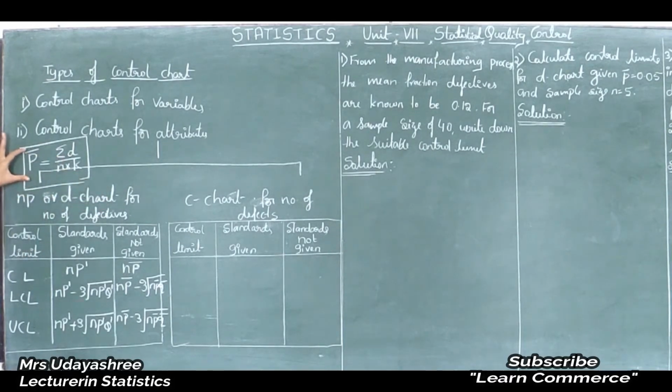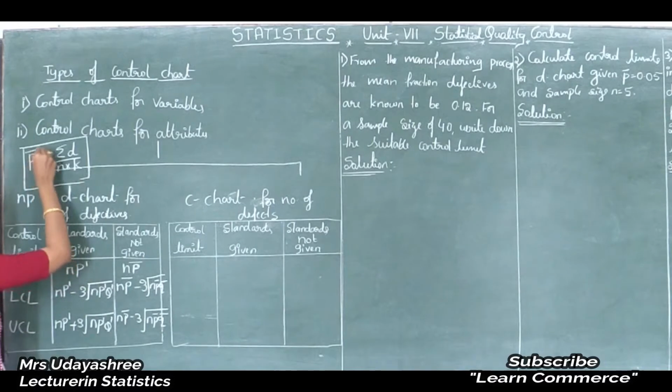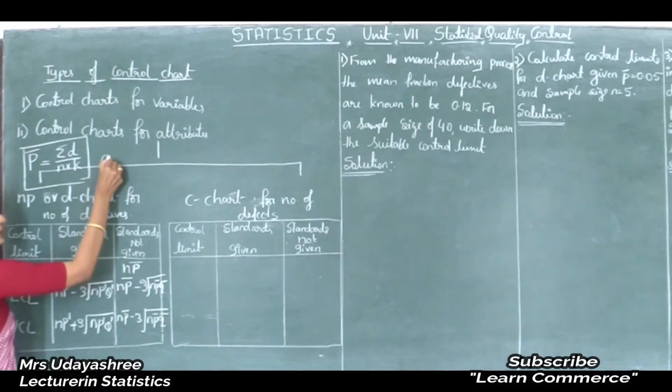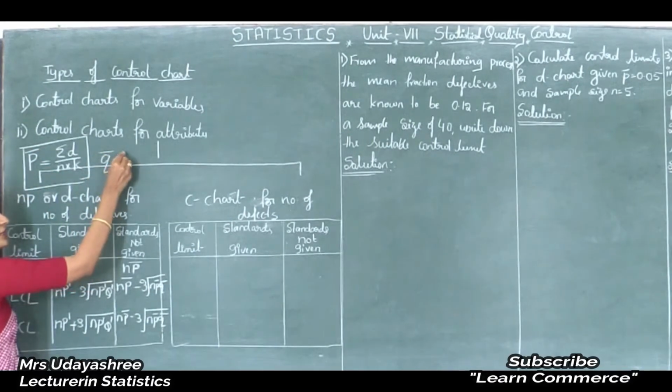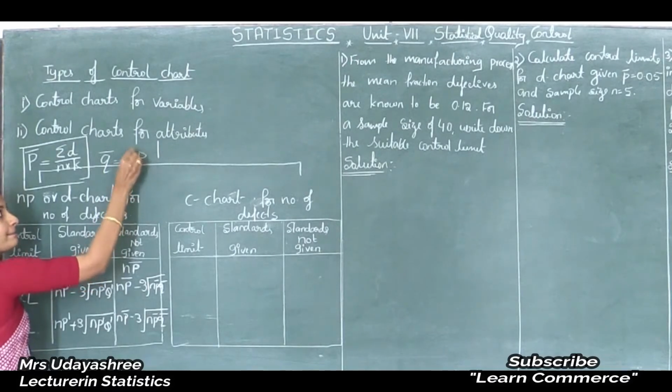So to calculate p bar we use the formula summation d divided by n into k, and if you know p bar we can easily calculate q bar. So if p value is obtained, how to calculate q bar? That is 1 minus p bar.